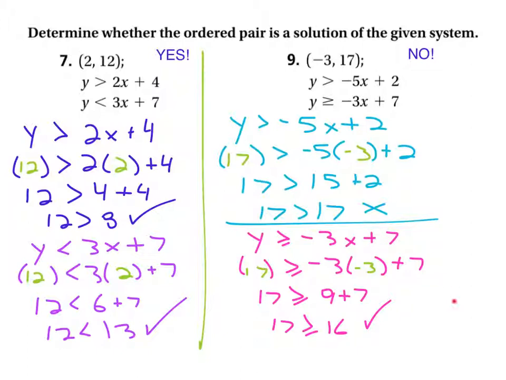So you can see how just plugging it into one might make it look like it works, when in fact plugging it into the second one, it doesn't work. And for these systems of equations, it's got to work for both of them or it's not a solution. So always test it into both of them to be sure.